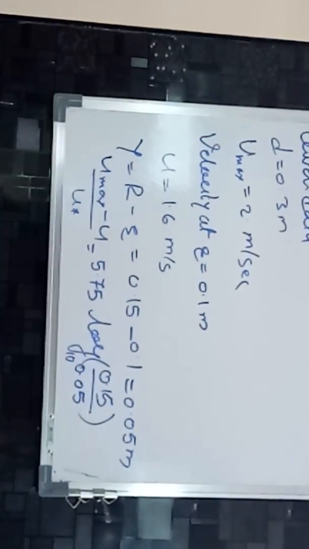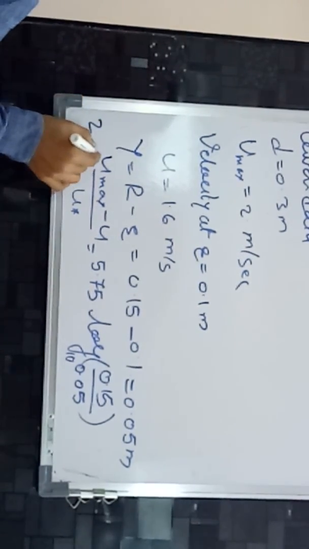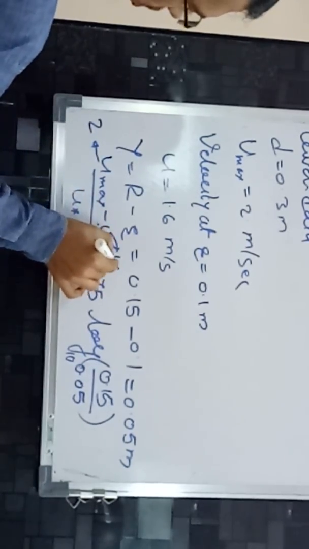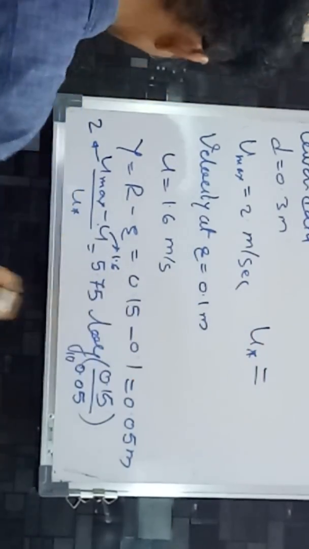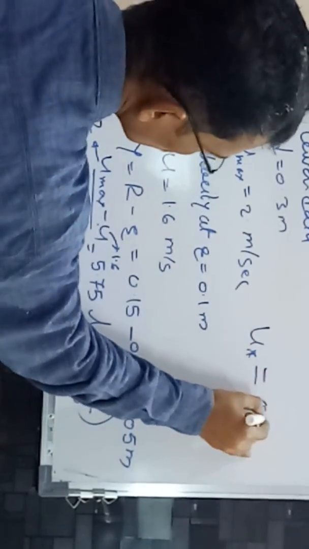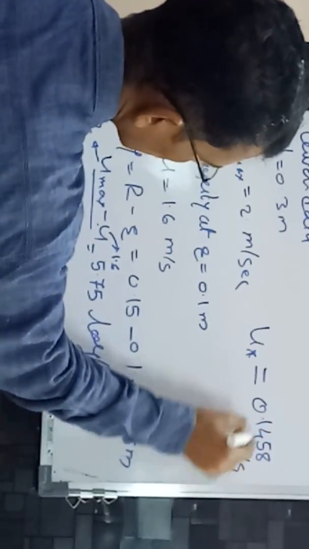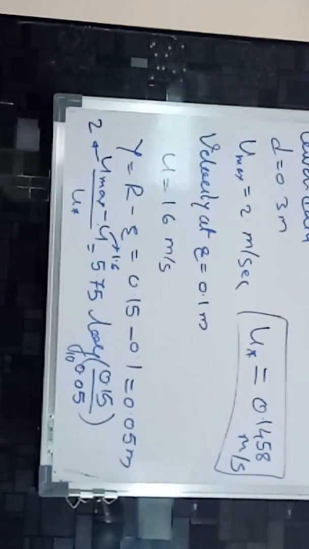If you substitute all the values, U max is 2 and this is 1.6. So ultimately U star you will get 0.1458 meter per second.